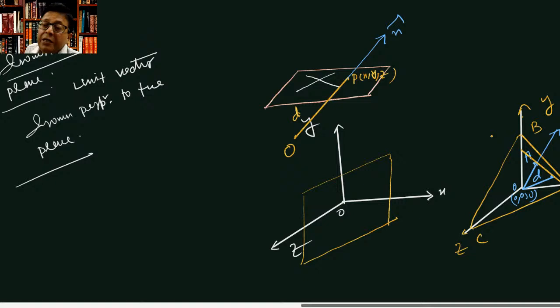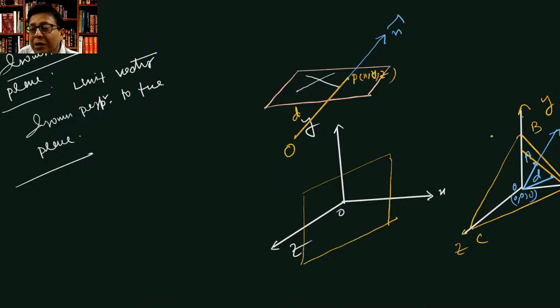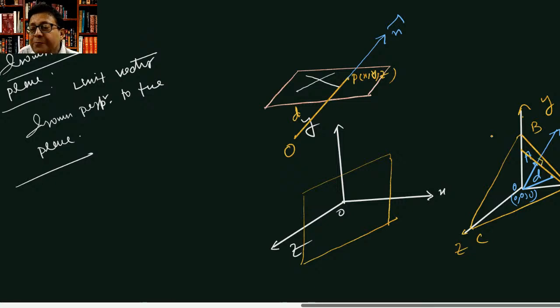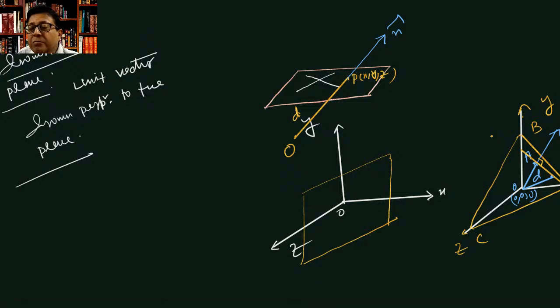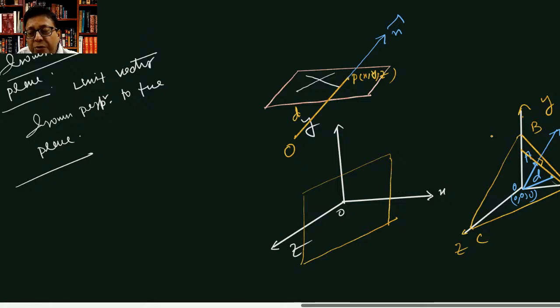By the definition I told you, this normal is perpendicular to the line segment, isn't it? This unit normal is perpendicular to all the lines in the plane. It is perpendicular to this line segment also.